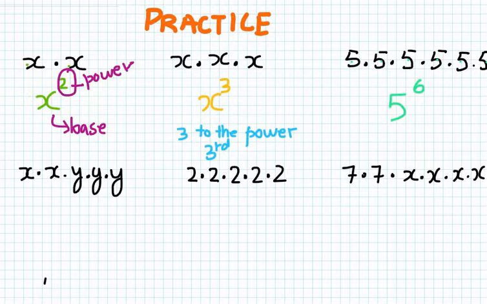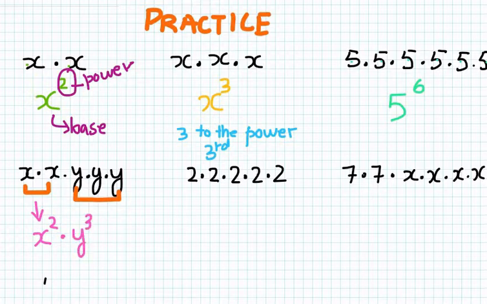Here we have two different variables. X is multiplied to itself 2 times, whereas y is multiplied to itself 3 times. Here we have x to the power 2 times y to the power third.